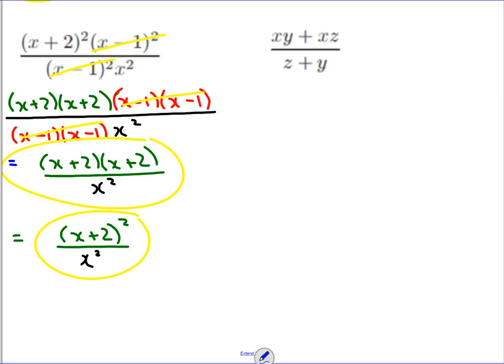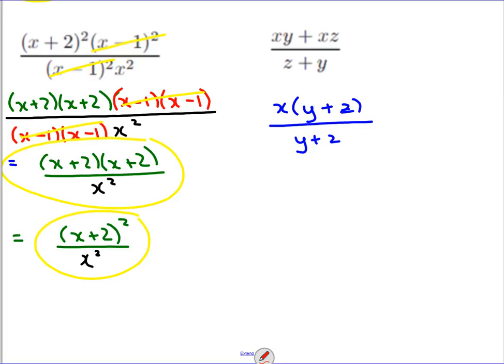And then the next one we've got xy plus x squared over y. So we need to factorize, which would leave us with y plus x. And if it helps, x bracket y plus x.